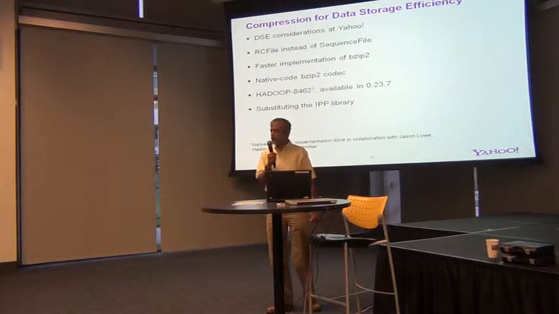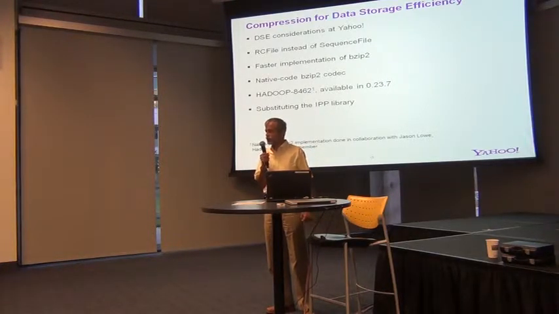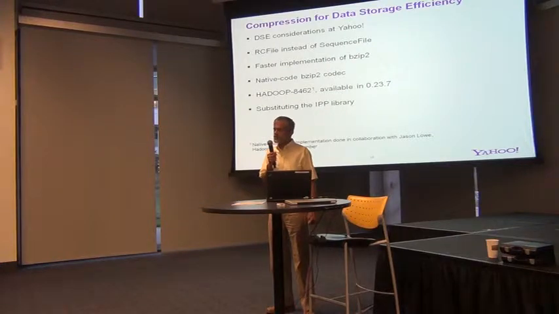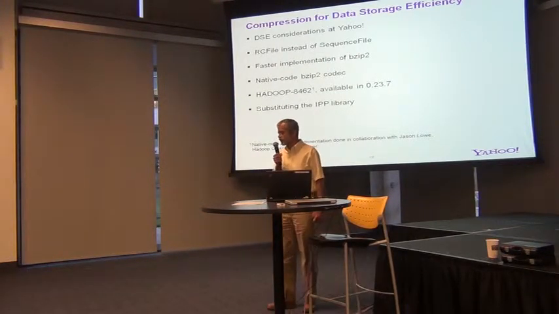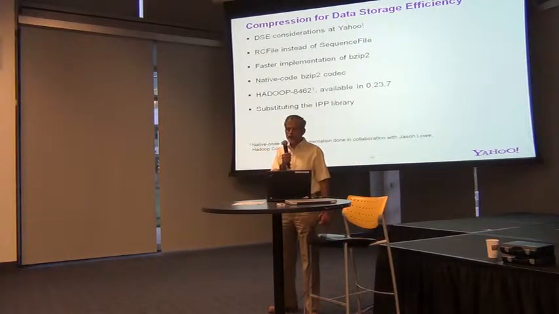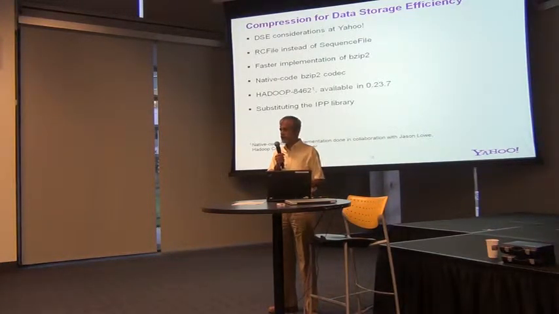The other option we looked at was to try and use bzip2. Now, bzip2 achieves a better compression ratio than most of the other formats, but the cost is higher CPU load. We thought of eliminating that CPU load by using a faster implementation of bzip2, in particular the IPP library, which I'll cover in the next slide.